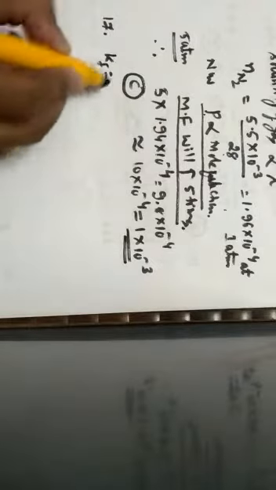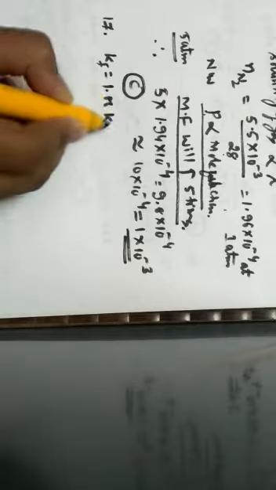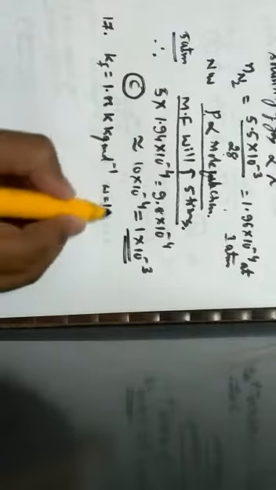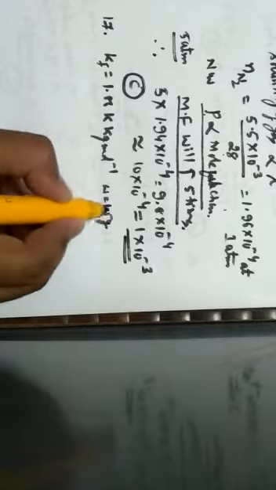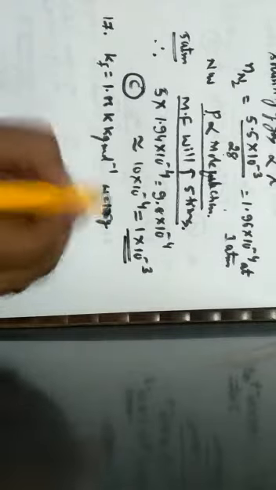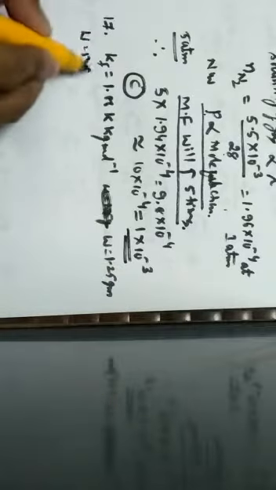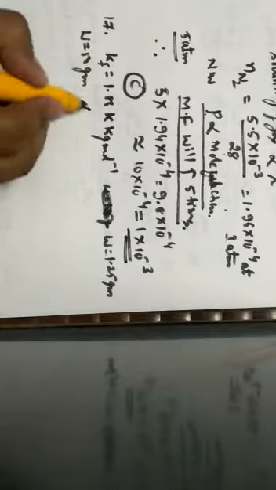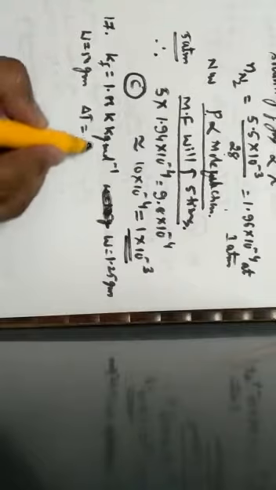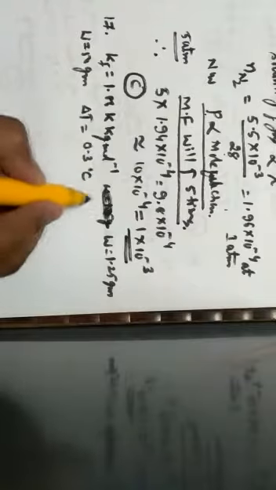So given that Kf is 1.86 Kelvin kg per mole. w, that is the mass, is 1.25 grams, and it has been given that 50 grams of water lowers the freezing point, and the depression in freezing point is 0.3 degrees Celsius.